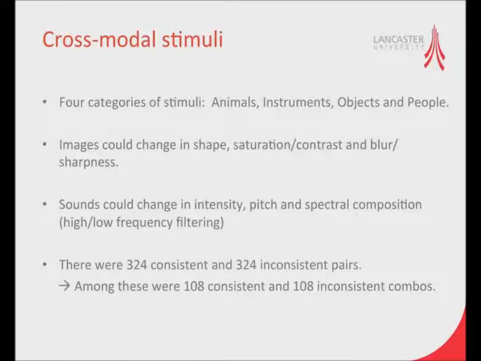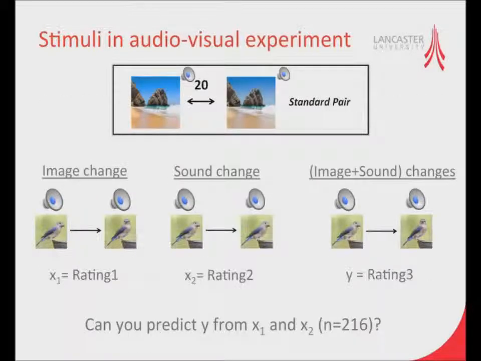So I had 4 categories of stimuli: animals, instruments, objects, and people. The images could change along certain dimensions, and the sound could change in other dimensions. And I had 324 consistent and 324 inconsistent pairs, which I will show you what I mean by that.